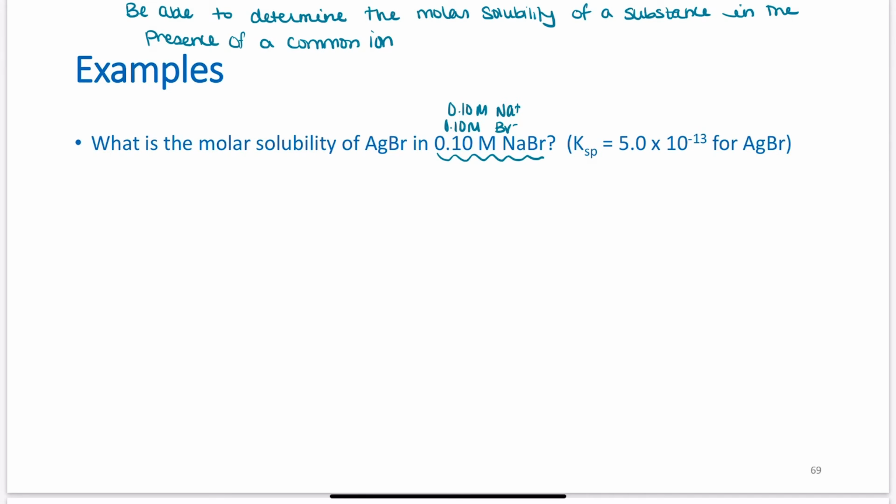We determined it to be 7.1 times 10 to the minus 7th molar, without NaBr present. This example deals with the common ion effect. I've got AgBr dissociating into Ag+ and Br-.